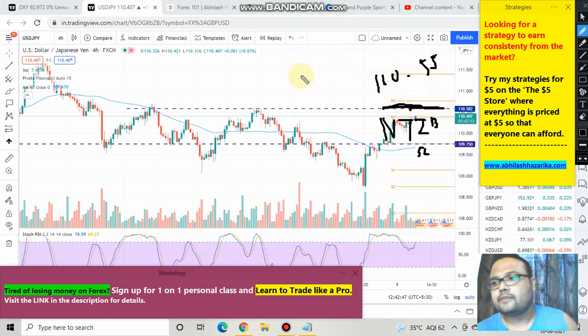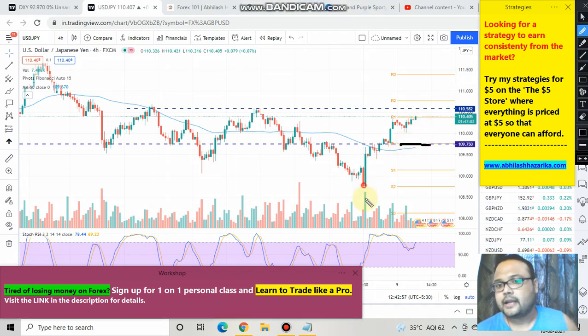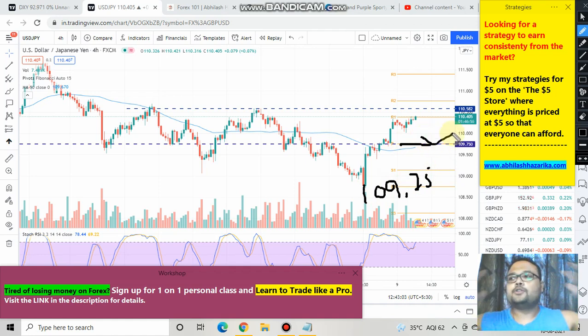We'll get a confirmation in the form of a shooting star, a red candle like this, or price rejection from above. On the other hand, if the market comes down and takes support here at 109.75, you can also go for a buy here once the market bounces, because you have already seen how important this level is for the chart of USD JPY. So buy at support, sell at resistance. Simple strategy for USD JPY right now.